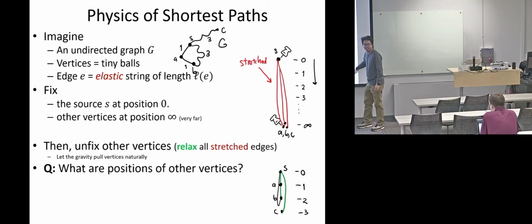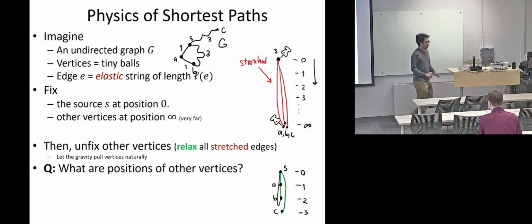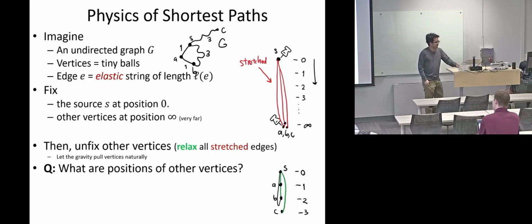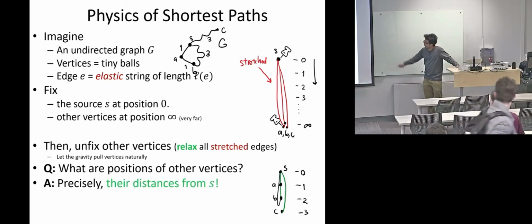And the one from S to C is now kind of tight. So basically no edge will be stretched. And every node will precisely be at the position of its distance from S.